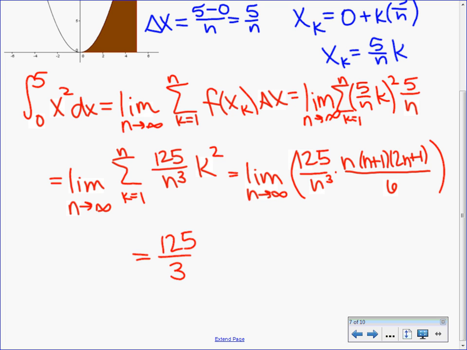Yep. That is the exact area using our right-hand endpoint rectangles. So that is exact.